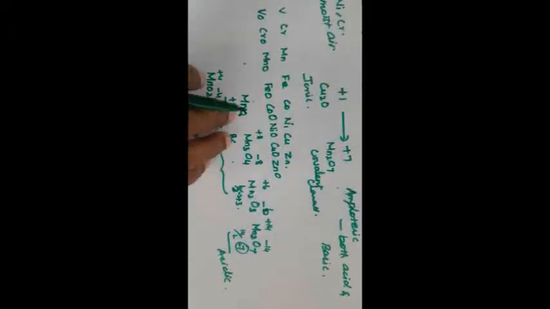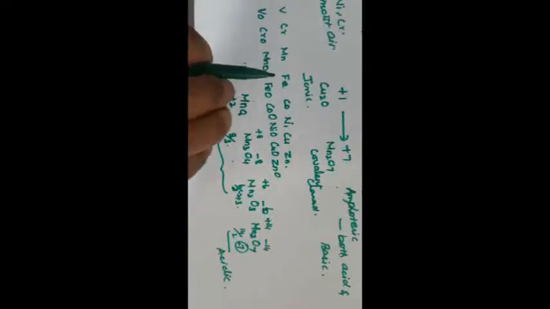Next, what is meant by oxoanion? The anionic parts are acidic in nature. An example is permanganic acid, HMnO4. How to write it in ionic form: H+ and MnO4-. So here this is the cation and this is the anion.